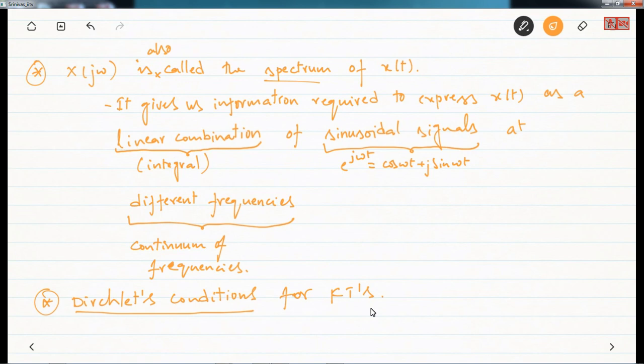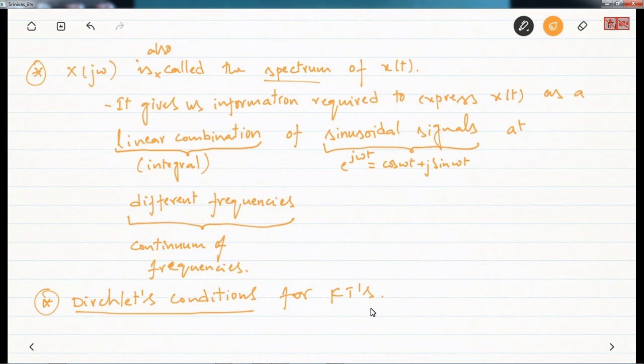So we stated three conditions: that it should be square integrable, it should have only finite maxima and minima in a given period, and it should have only a finite number of discontinuities in a given period, and these discontinuities should be finite.